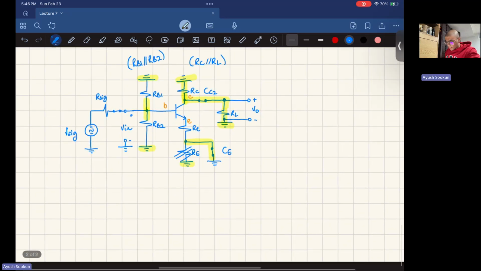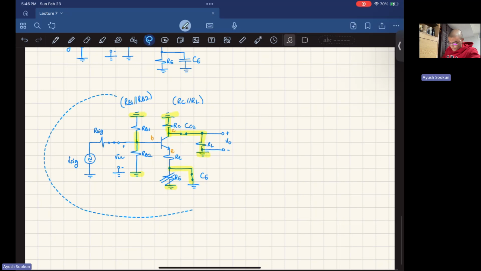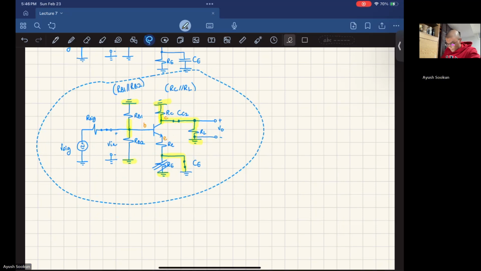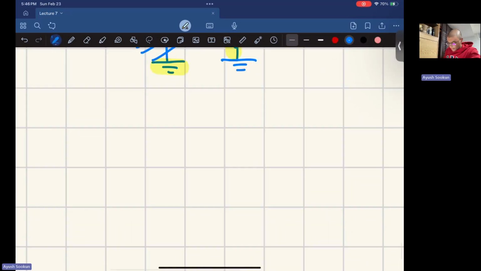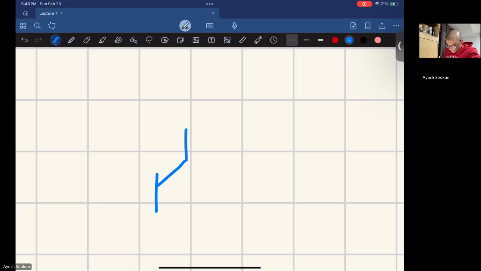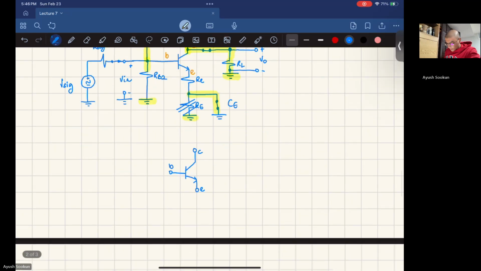Okay, so now cleaning things up, I can clean up the circuit a little bit. Our circuit becomes something like this. Now I'm just going to do the connections.